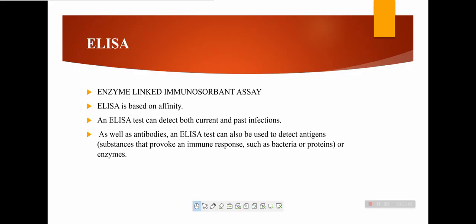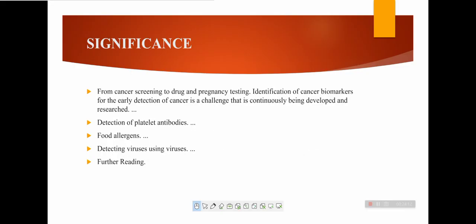So ELISA can provide a useful measurement of antigen antibody concentration. ELISA is used for detecting antigens or antibodies or their concentration. ELISA was the first test used for the detection of HIV.